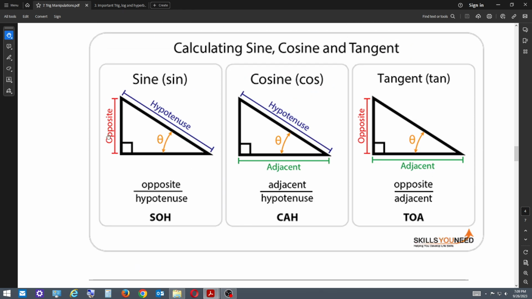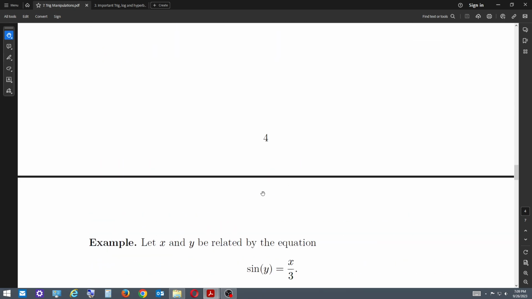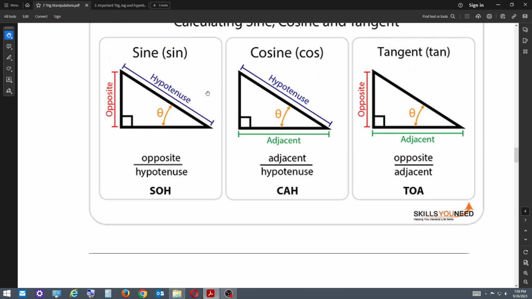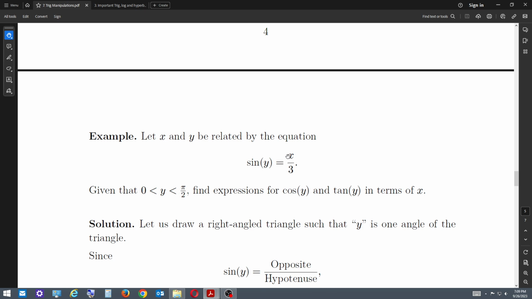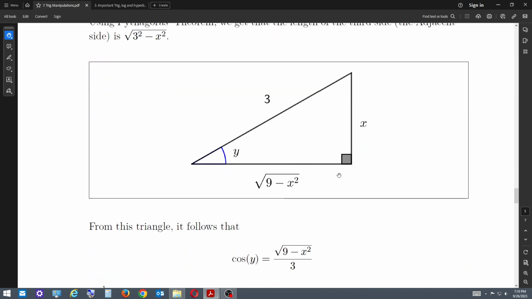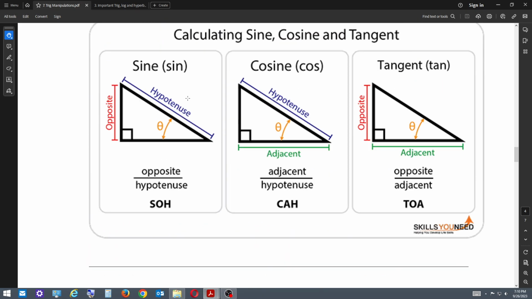So remember, sine is opposite over hypotenuse. So imagine I had a right angle triangle and the angle was y. Then the opposite side length divided by the hypotenuse should be sine of y, which is x over 3. So the opposite over the hypotenuse, after you simplify it, is supposed to be x over 3.